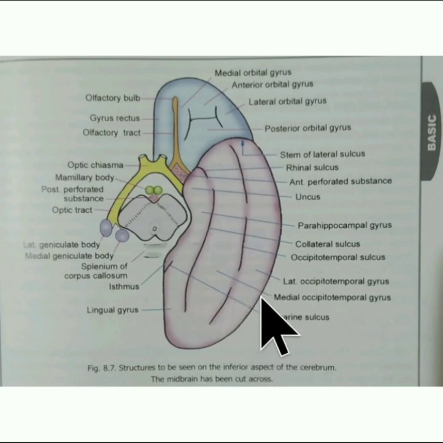The cerebral hemisphere consists of three surfaces: superolateral, inferior, and medial. There are sulci and gyri on all three surfaces, and there are three poles: occipital, temporal, and frontal. There are four lobes: frontal, parietal, temporal, and occipital.